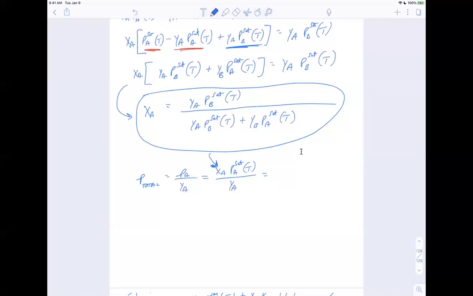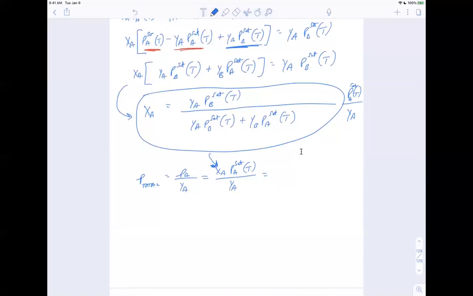I'm going to have this PA sat over ya multiplying everything. Essentially I have PA sat over ya multiplying whatever is in this circle, and you can see what that's going to give you just by looking at what I just did here.